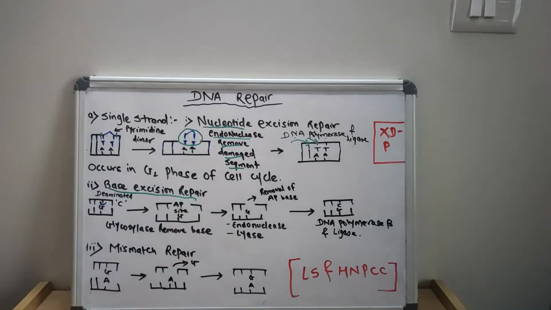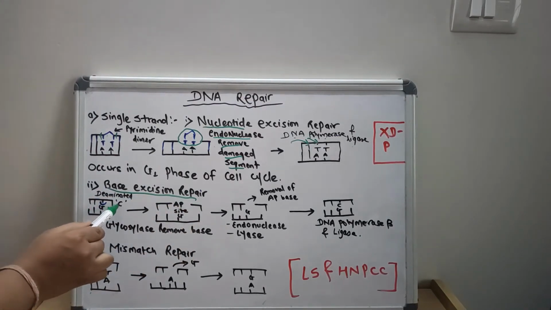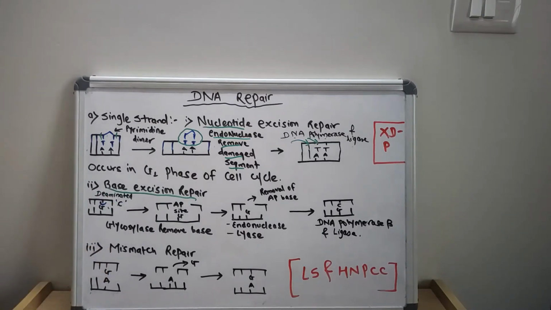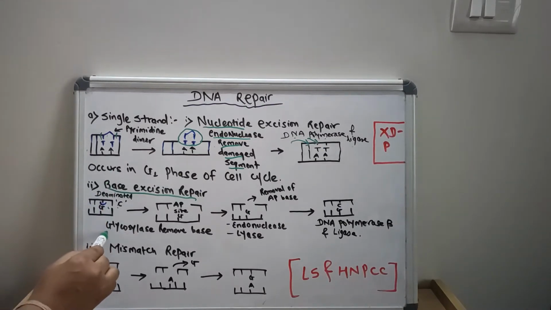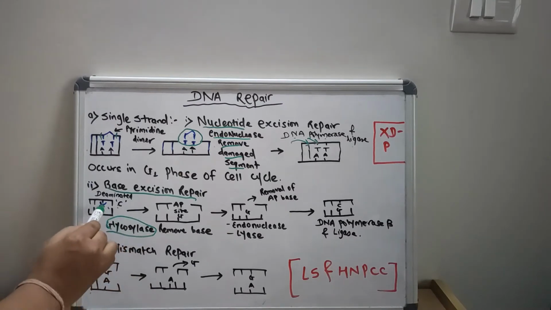As the name suggests, there is excision of the base only. Guanine is always paired with cytosine. But here, due to some reason, for example UV rays or other chemicals, the cytosine is deaminated. When the cytosine is deaminated, there is formation of uracil. This uracil base is removed by the glycosylase.